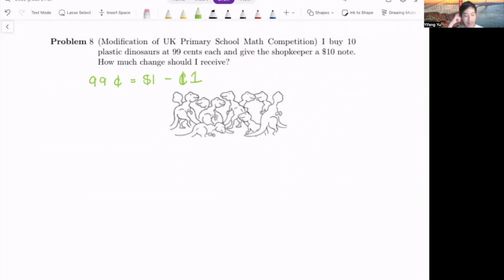So if he buys 10 plastic dinosaurs, we can just multiply this by 10. So we multiply the $1 by 10, which gives us $10 minus 10 cents. So if he gives a $10 note to the shopkeeper, then he should receive 10 cents back.